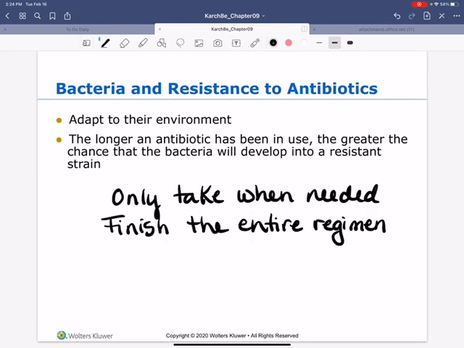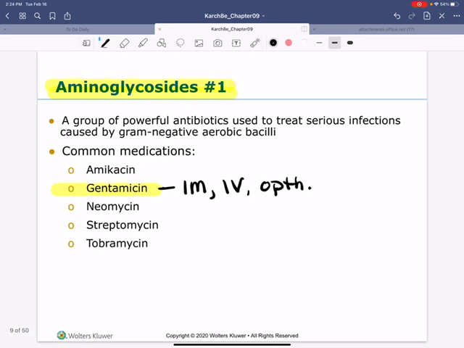Now we know we have a resistance, which I talked about in the last slide set. So again, I'm not going to go into detail other than we have a problem and we need to really educate our patients. So that's something that you really need to study and know the education tips to talk to patients about with resistance. Let's talk about aminoglycosides first.